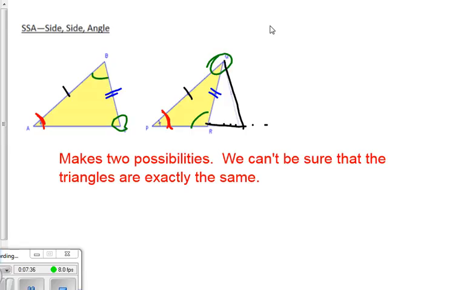So technically, if we know an angle and two sides that don't surround that angle, if we know that they're congruent, we can make two different triangles out of that. But since it's a possibility of two different triangles, we can't say for sure that one triangle is the exact same as the other one. So side-side angle does not prove that the two triangles are the same. We can't use SSA to show congruence.